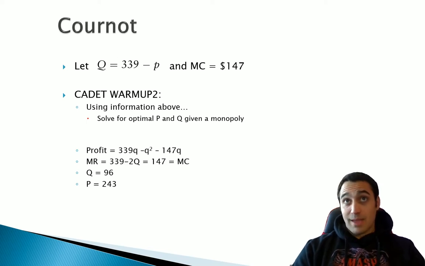You could maximize that, or you could just note that marginal revenue, found by multiplying the inverse demand equation by quantity, set equal to marginal cost, which is given at 147, gives you Q equals 96 and P equals 243.